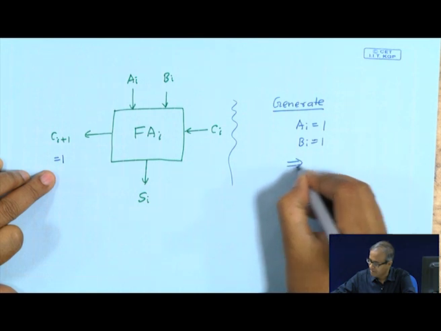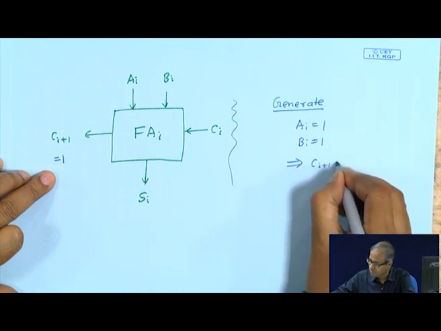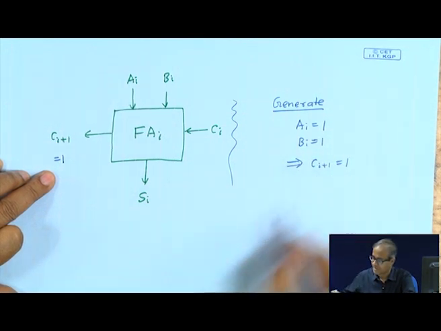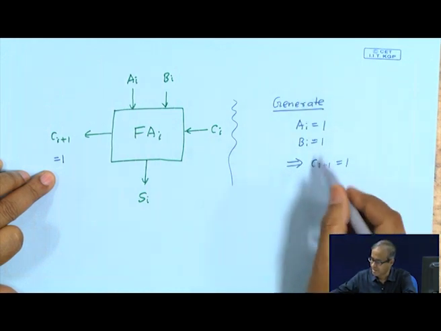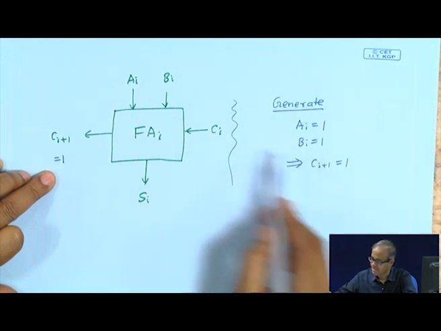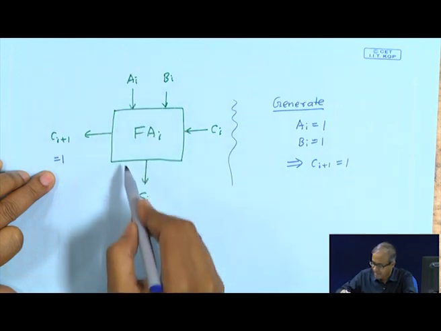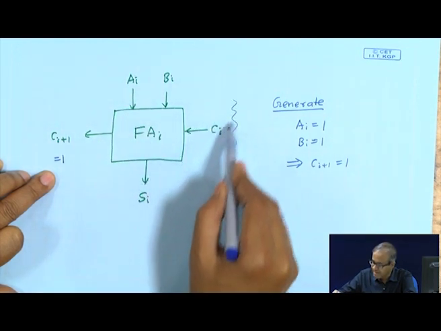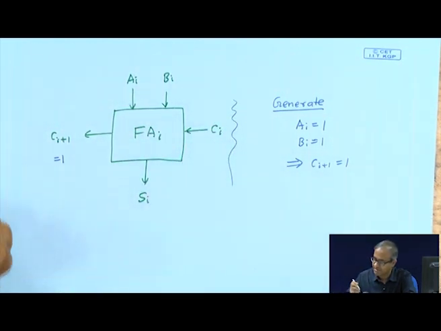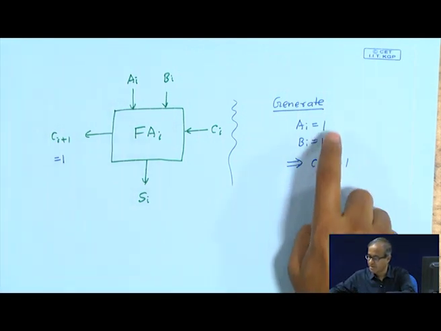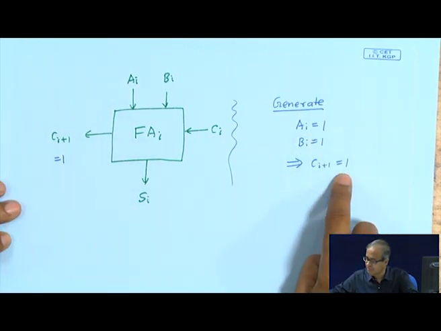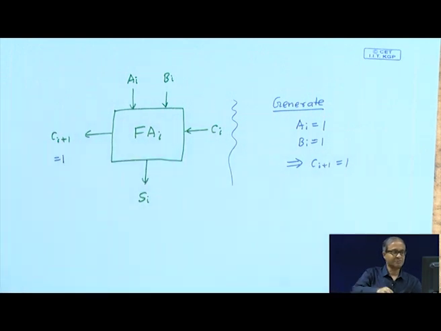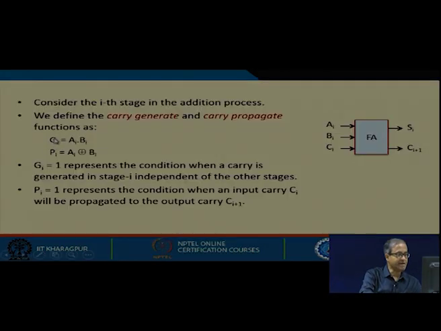This will imply ci plus 1 will be 1. This is the scenario for carry generate. A carry is generated in the ith stage itself, irrespective of what has happened in the previous stages. This is nothing but a simple AND function. So, the generate function gi is defined as ai and bi.